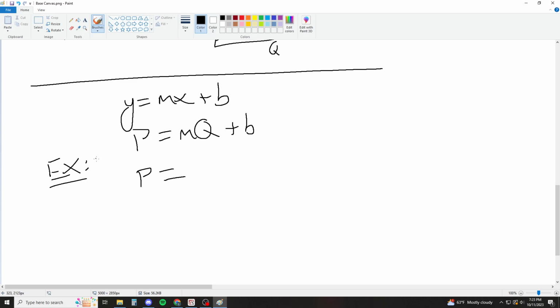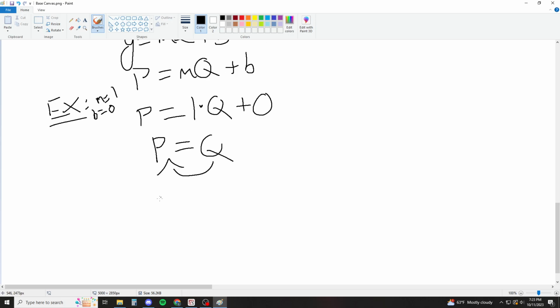I'm just going to say m equals 1. So that means it's 1 times Q, and I'll just say b equals 0. The majority of the time in Econ 101, your supply line is going to go through the origin. It doesn't have to, but most of the time it's going to. Well, we look at this, we can get P equals Q. The really nice thing is it's really easy to write this as Qs equals P, right?